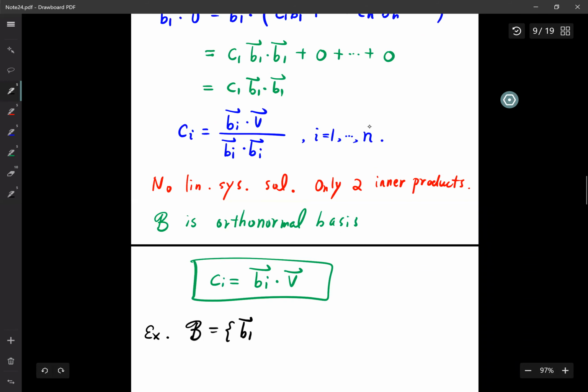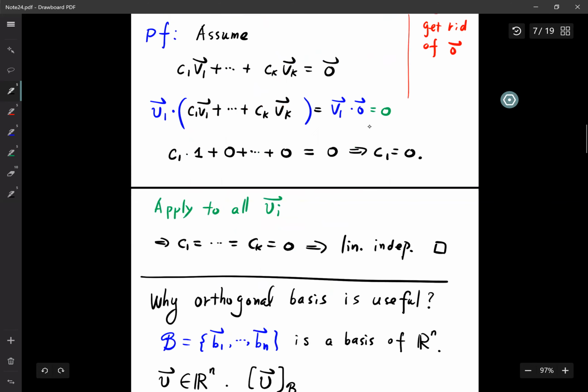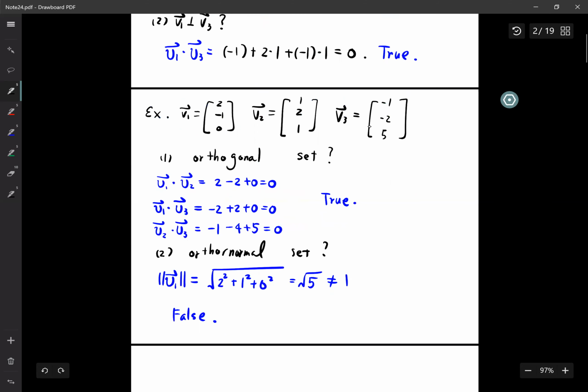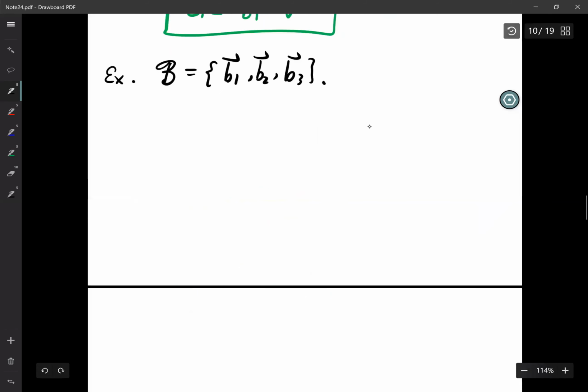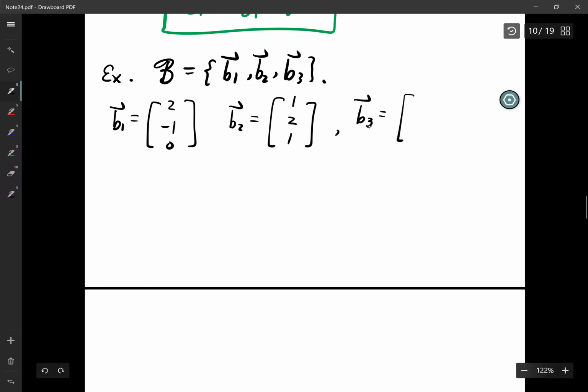We still have B1, B2, B3. We took exactly the same three vectors as in the warm-up, but maybe it's easier for me to just copy it because we are several pages apart. Now I just rename them, with entries 1, 2, 1, and B3 is -2, -1, -2, 5.